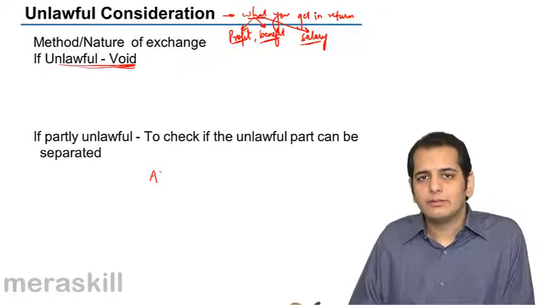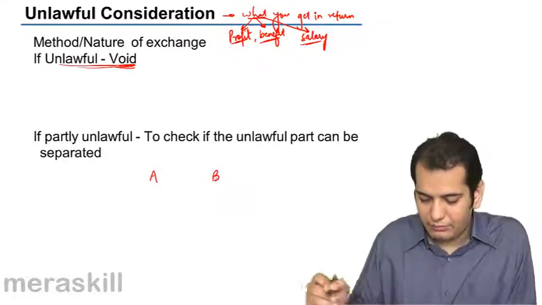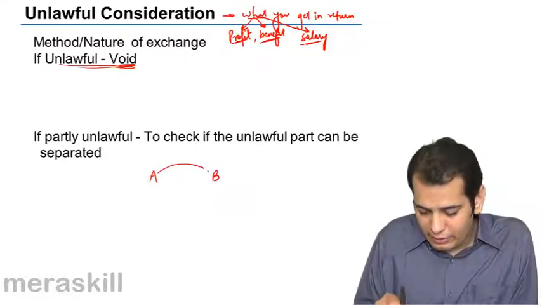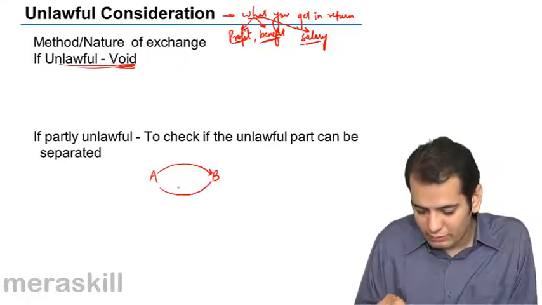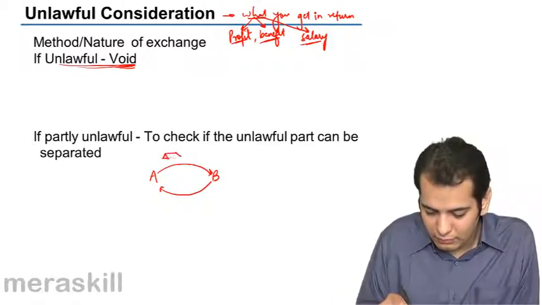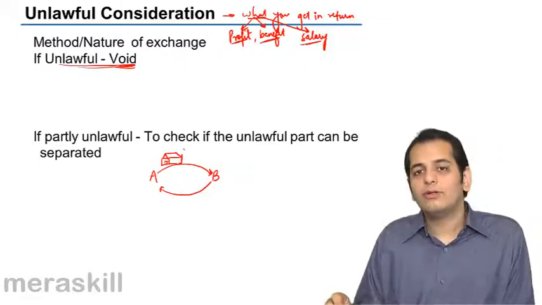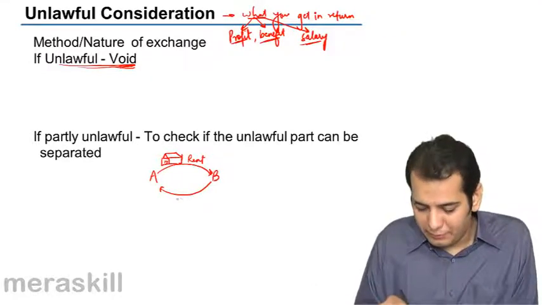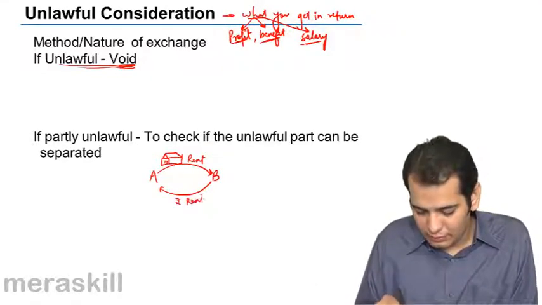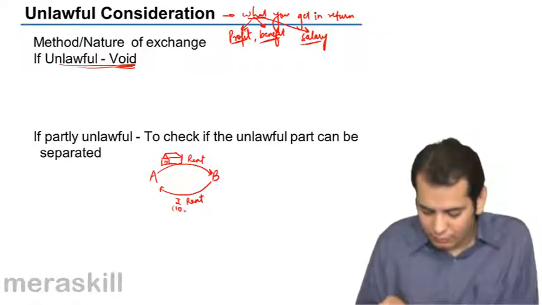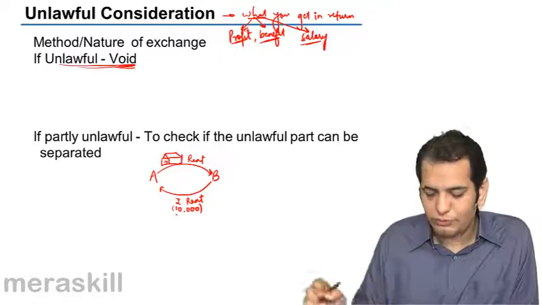A and B, these are the two persons. A has given his house on rent to B, and B pays rent to A. Let's say it is 10,000 rupees.